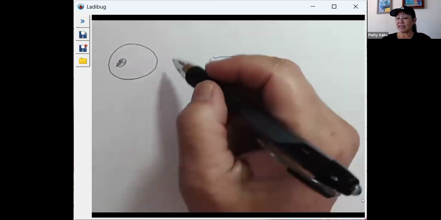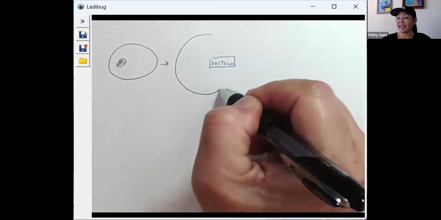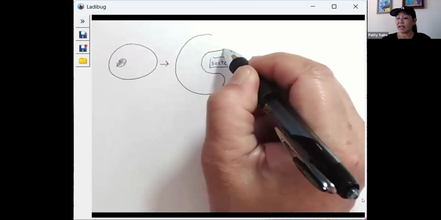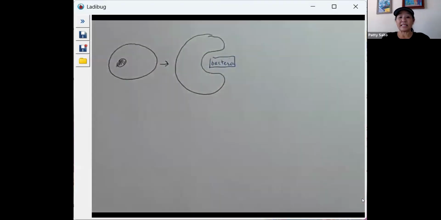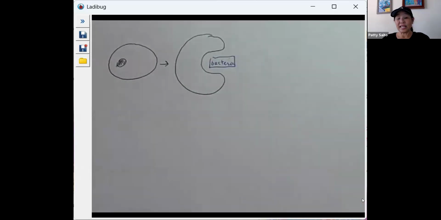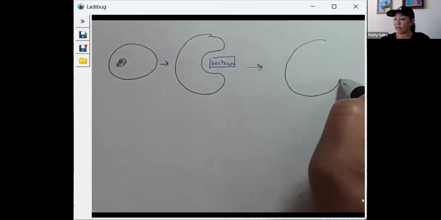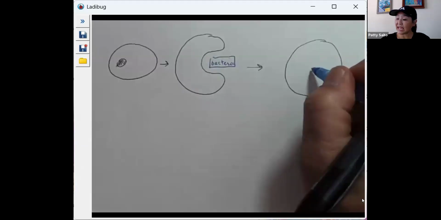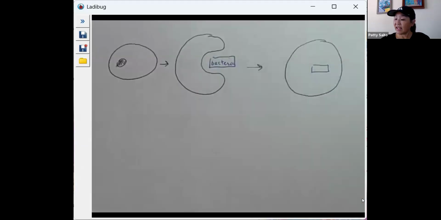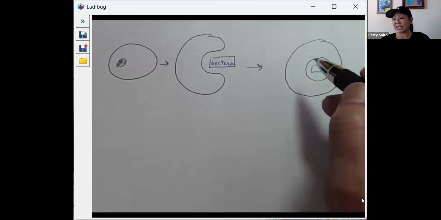Some of our cells can eat it. We have some cells that act as what we call phagocytes. They're eaters. And notice how the membrane changes and allows for that bacteria to be taken into the cell like this. And then we can destroy it.